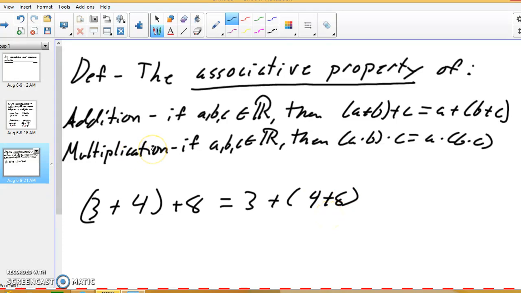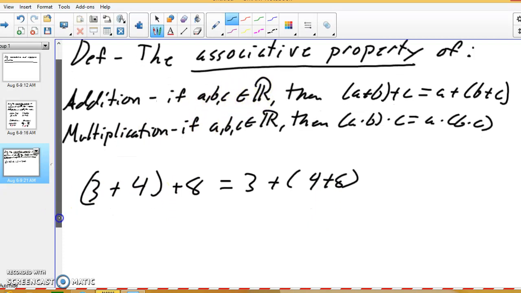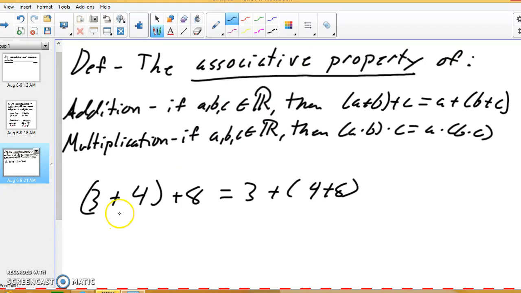Well, what this is really saying is if we have 3 numbers and they're all elements of the real numbers and we're adding them all, then it doesn't matter if I add the first 2 numbers together, say 3 plus 4 is equal to 7 plus 8, or if I add the second 2 numbers together, first 4 plus 8 is 12.